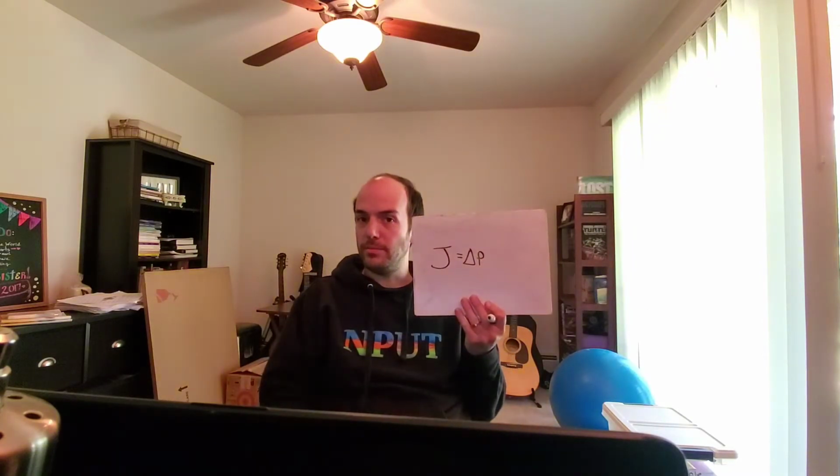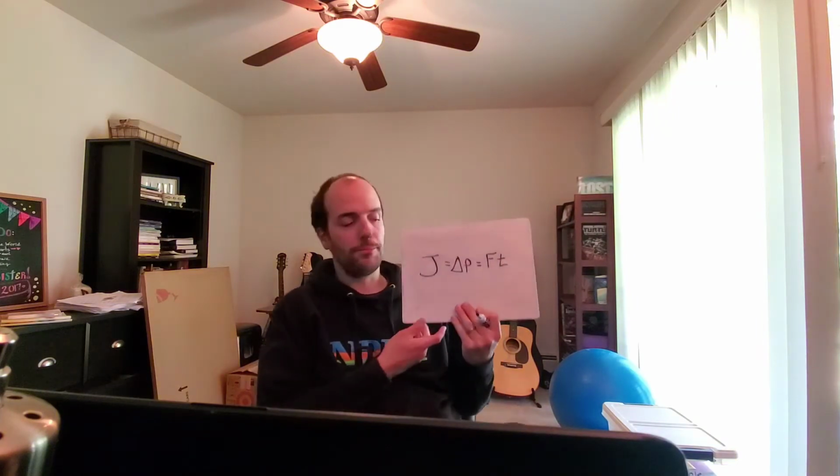All right, so the equation for impulse, well, the symbol to start is the letter J, capital letter J. And we know that's a change in momentum. Well, we can set that equal to force times time.